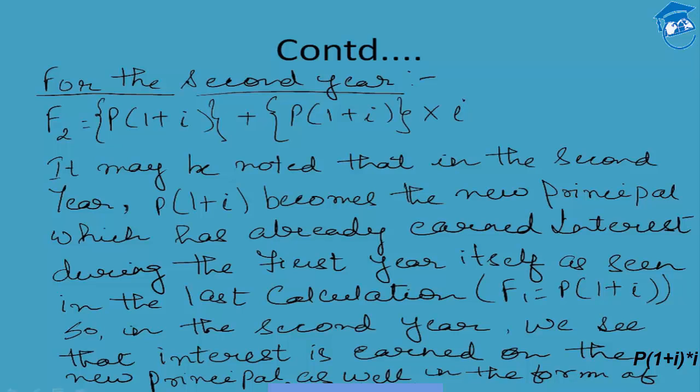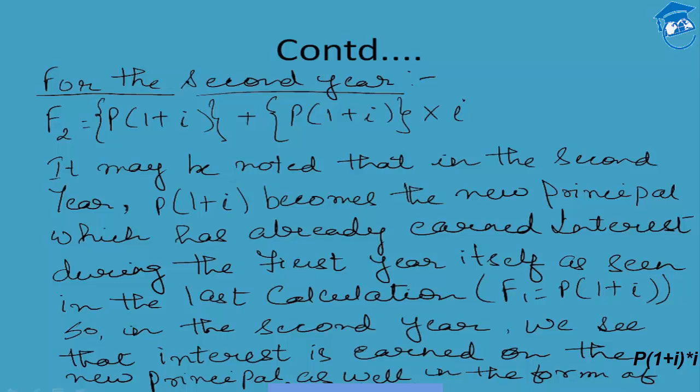So our new principal, that is $110, is eligible to increase by another 10%, so that the future value at the end of the second year, F2, can be ascertained. In order to ascertain the future value at the end of the second year, we have to multiply the 10% interest, compounded annually, to the new principal, which is P1 plus I, the last principal plus interest of the last year.